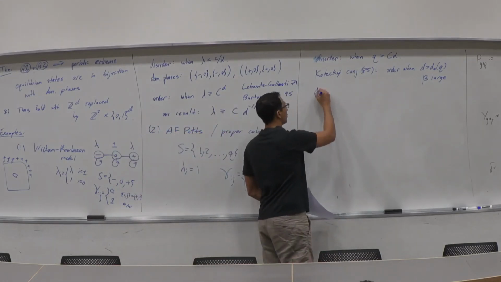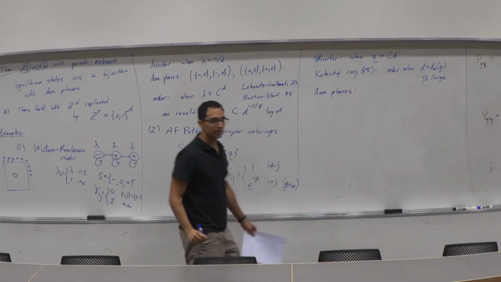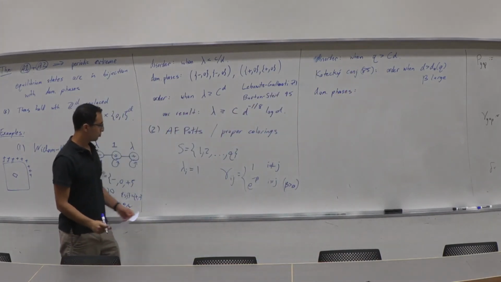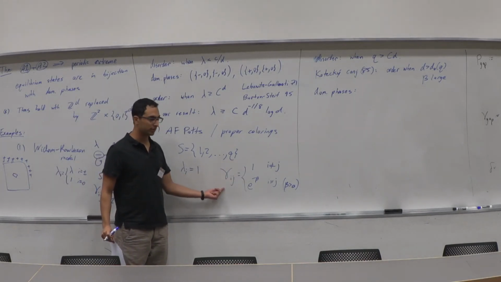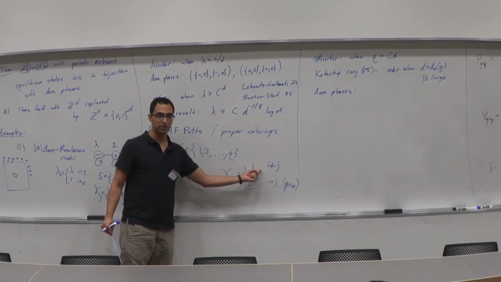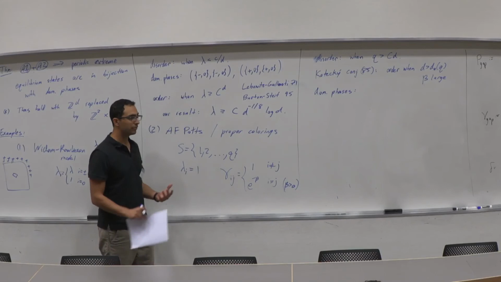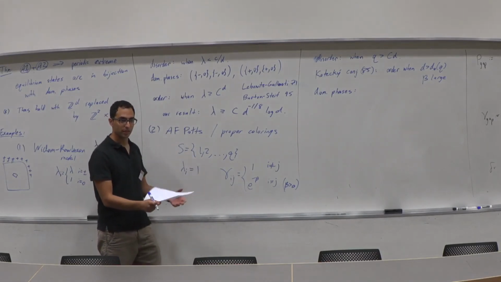Okay, so what type of ordering do we expect? Let's quickly look at what the dominant phases are here. Again, dominant phases means two subsets which maximize this quantity, meaning that anything in A cannot be in B. They have to be disjoint because of this, and if you want to maximize the product of the weights, then you want to equally split the colors.